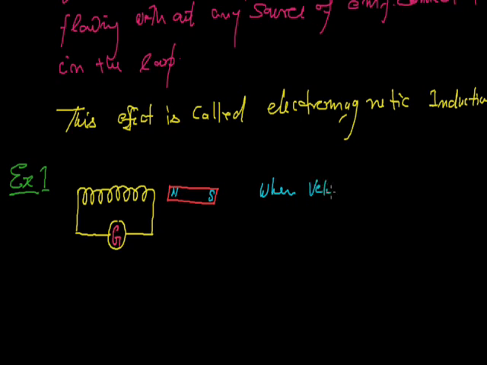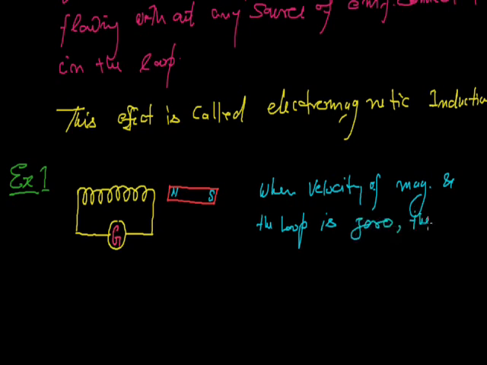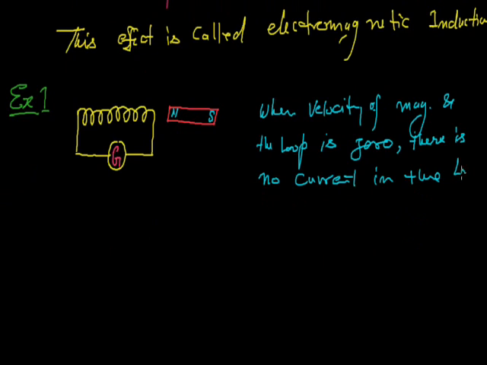When the velocity of the magnet and the loop is 0, there is no current in the loop. Value of current equals 0.